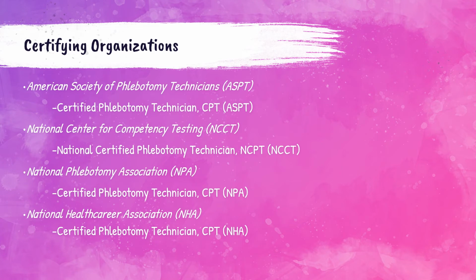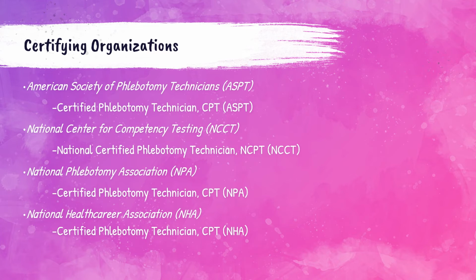There's also an American Society of Phlebotomy Technicians, or ASPT, and the designation for this certification is Certified Phlebotomy Technician, or CPT ASPT. There's the National Center for Competency Testing, or NCCT, and the designation for this certification is National Certified Phlebotomy Technician, or NCPT NCCT.